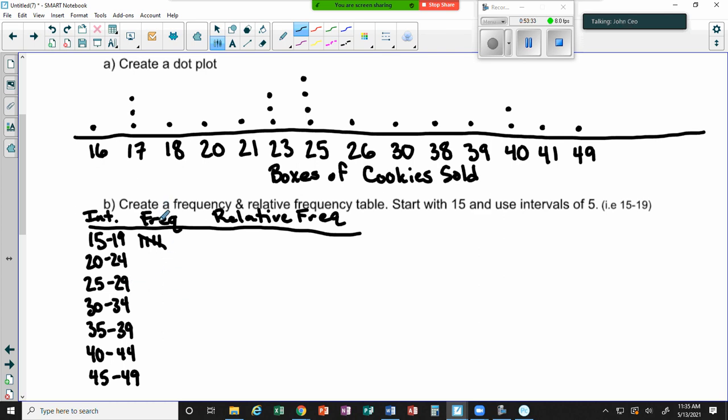20 to 24. So that would be what? 20, 21, 23. That's another 5. 25 to 29. That's another 5. 30 to 34.